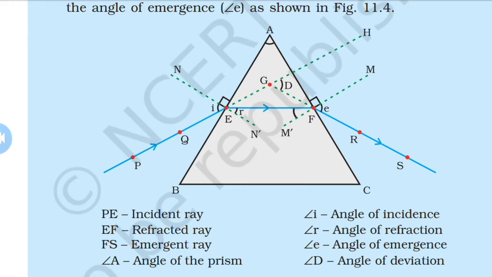You have compared the angle of incidence and angle of refraction at each refracting surface of the prism. Here the peculiar shape of the prism makes the emergent ray bend at an angle to the direction of the incident ray, and this angle is called the angle of deviation. In this case, angle D is the angle of deviation.